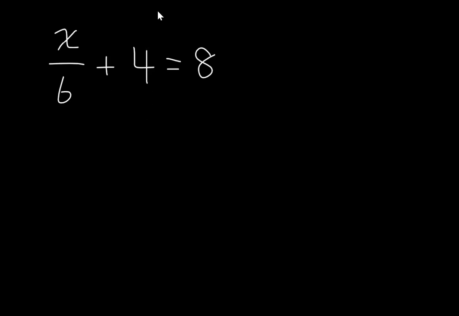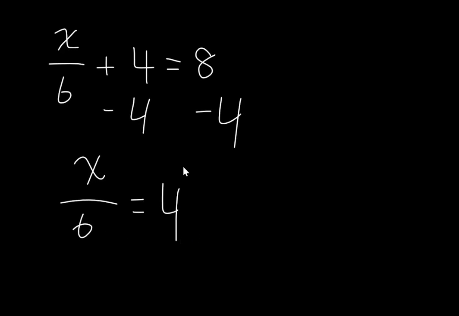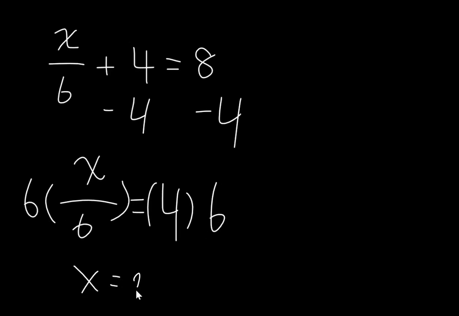Plus 4, get rid of that. If you subtract 4 from both sides, you get x over 6 is equal to 4. Multiply both sides by 6. It's equal to 24.